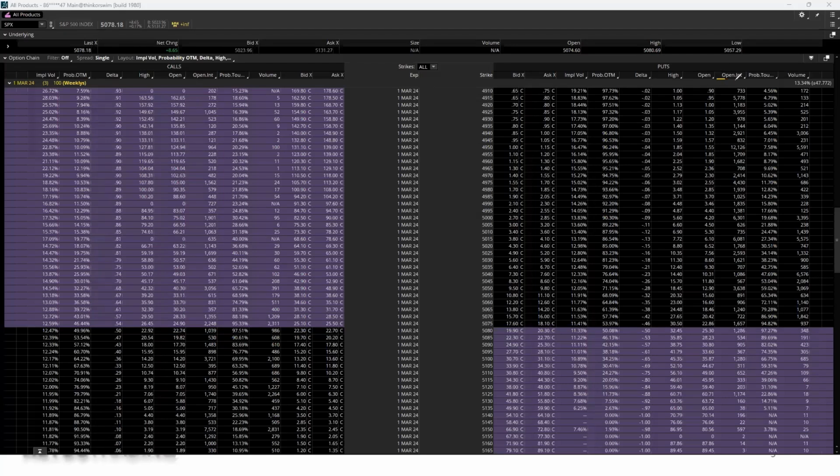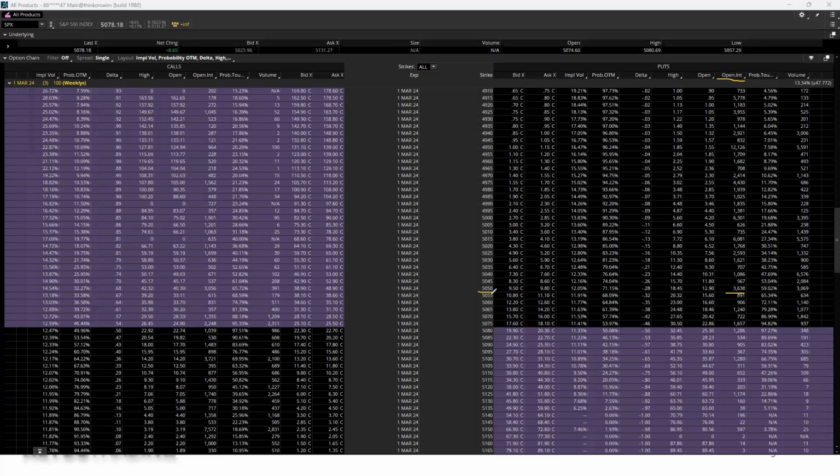Now, open interest works a little differently. Open interest is the total number of contracts currently open at any particular strike price. Going down the put side of the chain, the first big outlier I see, because we're going 16, 7, 12, 9, 8, and all of a sudden we jump up to over 3,600, is 3,638 open interest at the 50 strike.